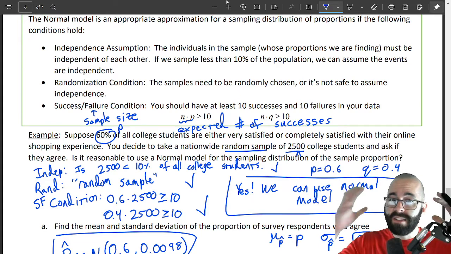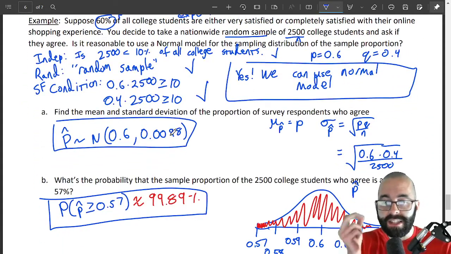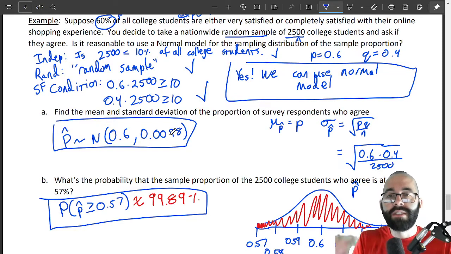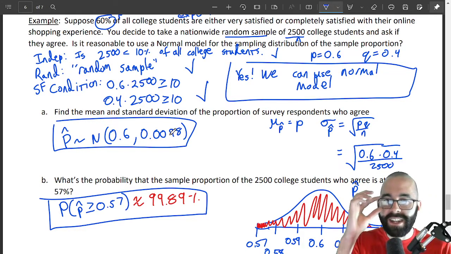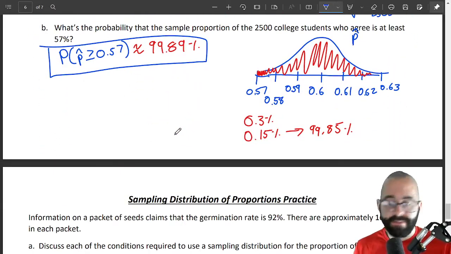So the sample size is big enough that the variability is really low. That standard error, the standard deviation of the sampling distribution of proportions, is a pretty small deviation. And that's what we got.